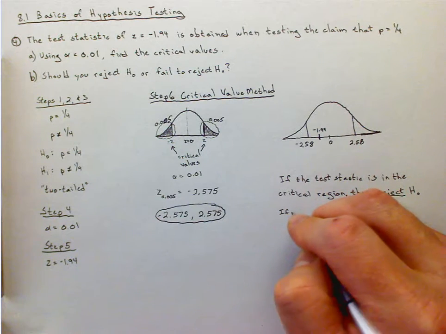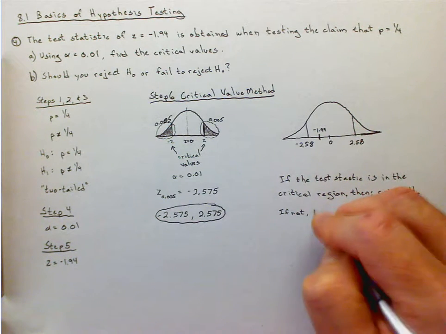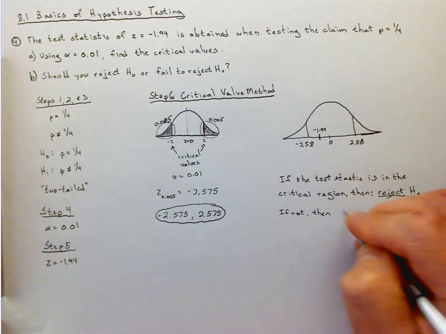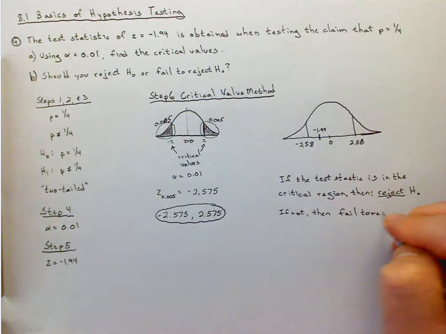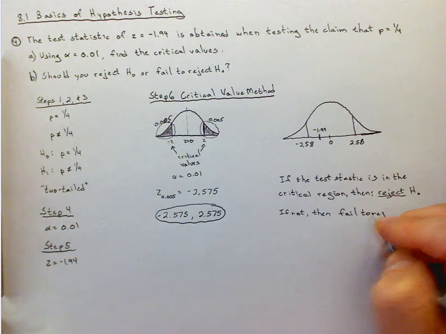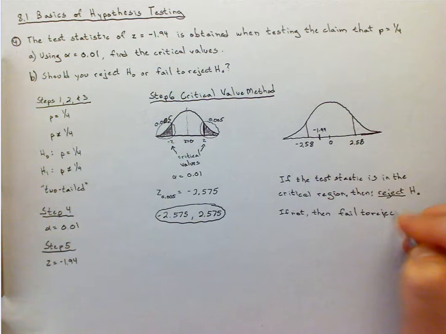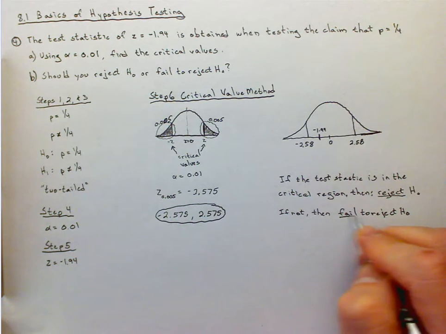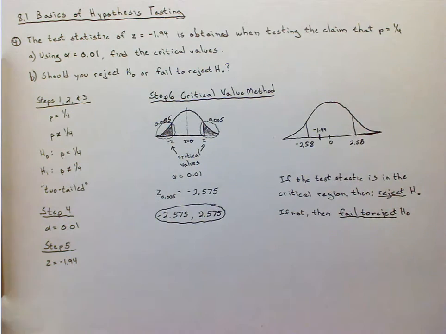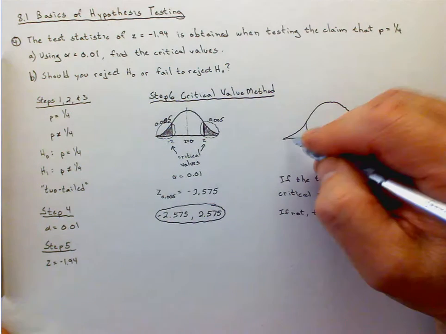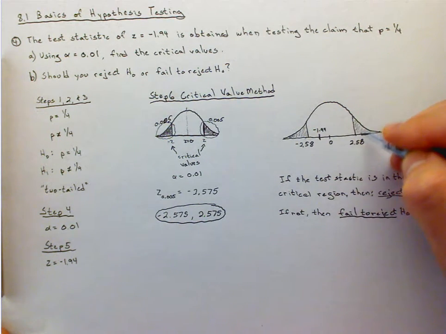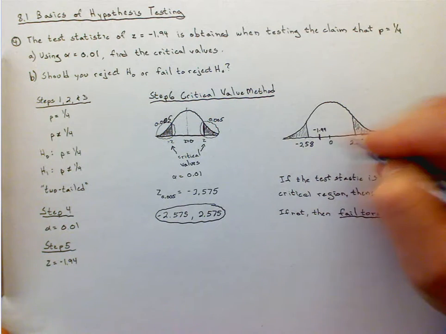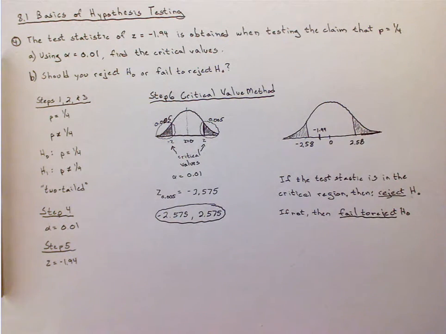If not, then fail to reject H0. My value isn't in those critical areas, the significant areas. It's in between the two, so it doesn't reach there.